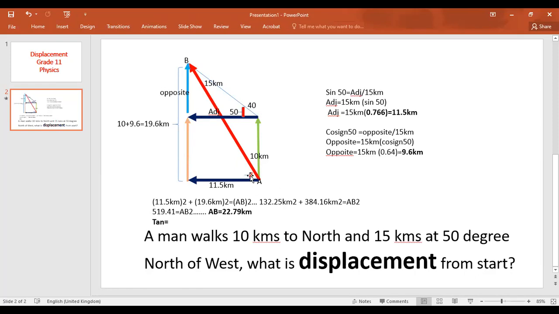We are calculating the tangent of this angle. So what is the tangent of this angle? Tangent is equal to adjacent over opposite, right?